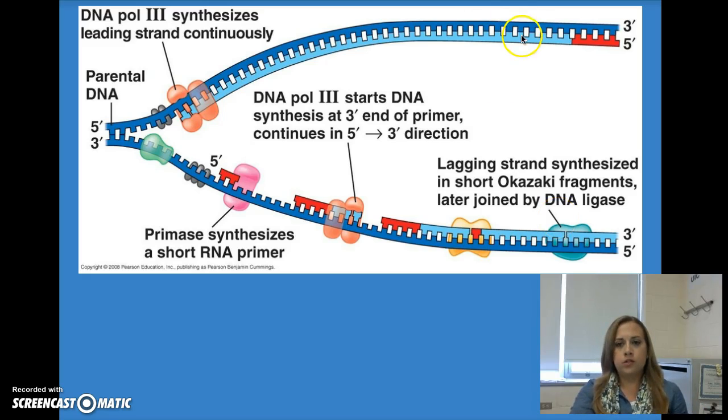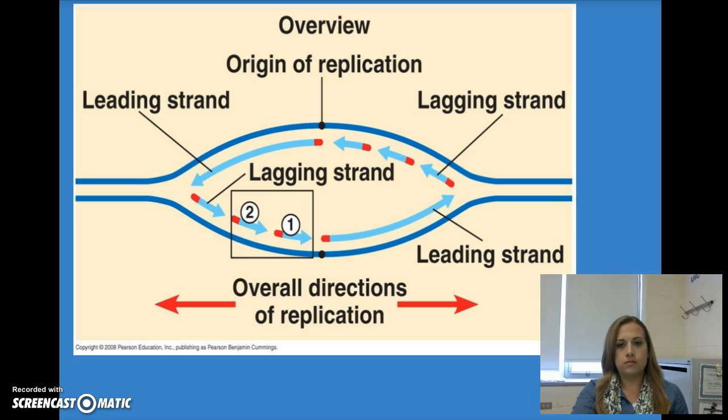So the leading strand, this is all pretty seamless. You've got DNA polymerase III just adding bases in the 5' to 3' direction. Down here, you have to have the primase come in and prime. Then you need to have the DNA polymerase III make a short segment. Then you need to have the DNA polymerase I remove the primer, and then you need DNA ligase to join it all together.